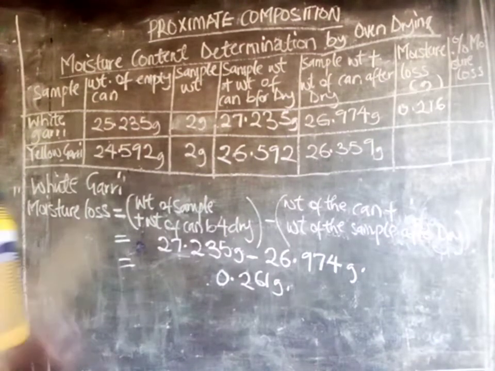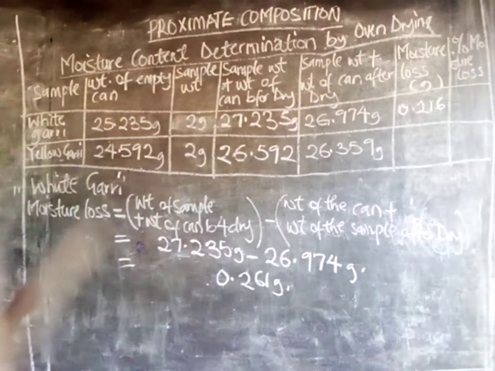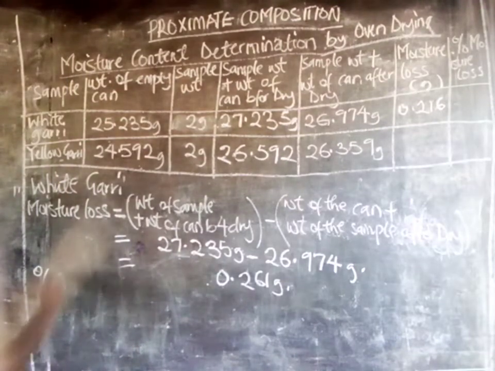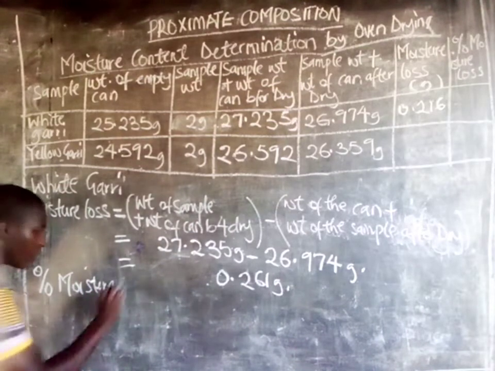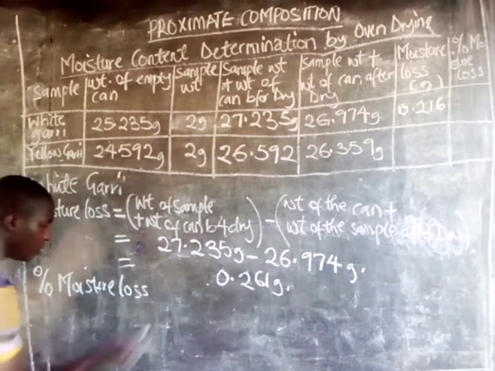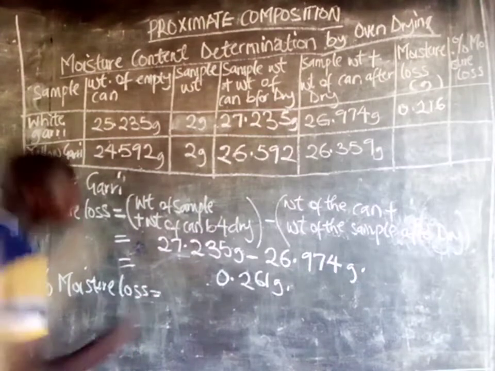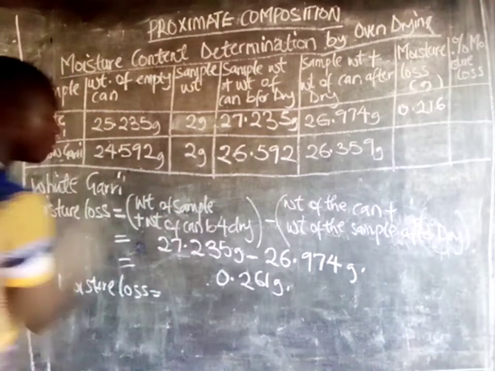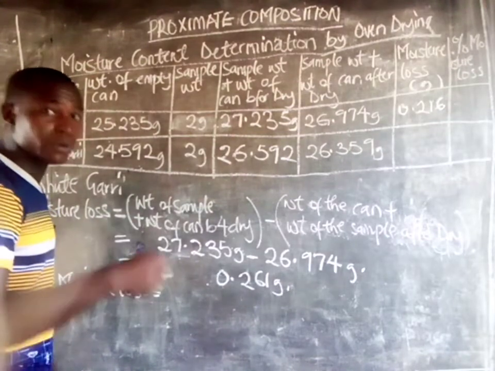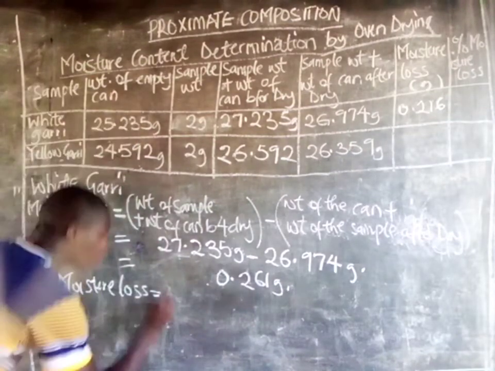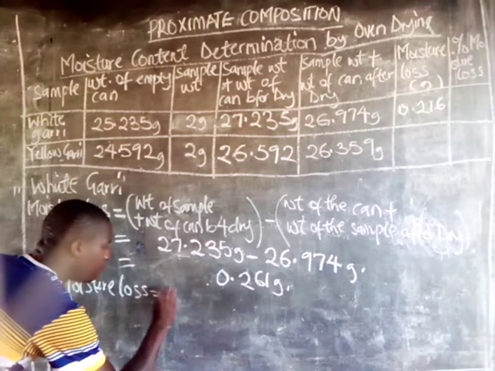Now to get the percentage moisture loss, you say percentage moisture loss is equal to moisture loss over the sample weight, that is weight of the sample, times 100.